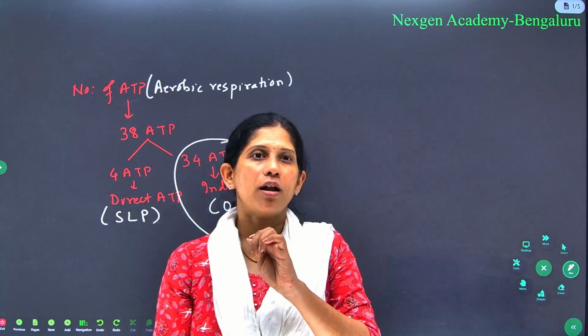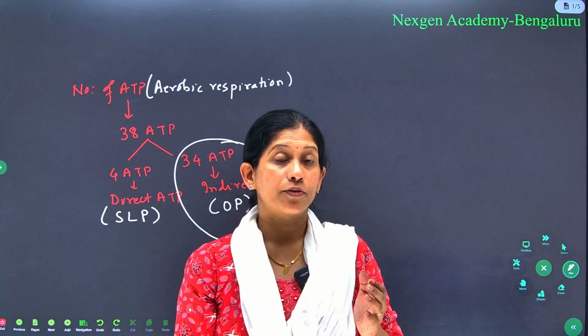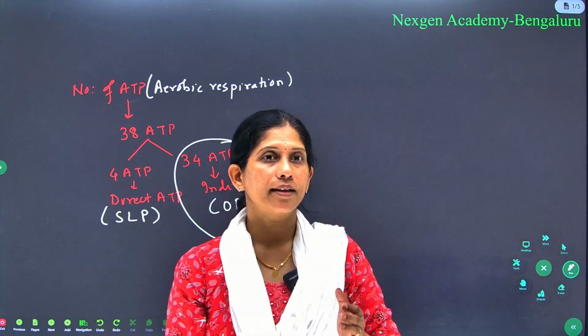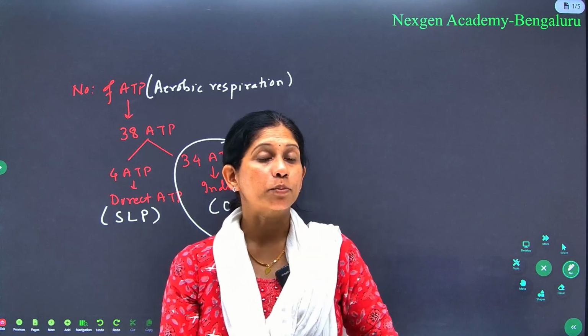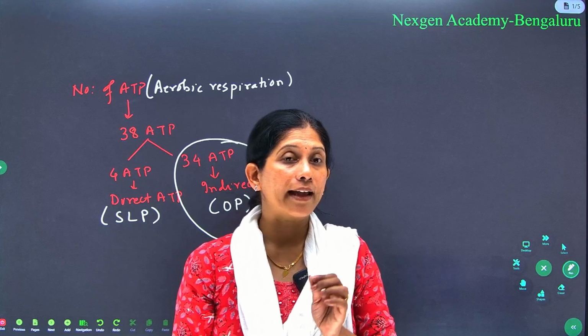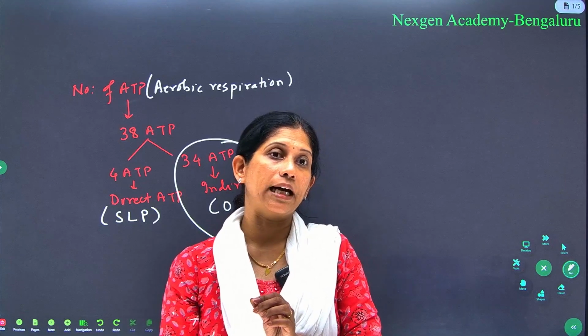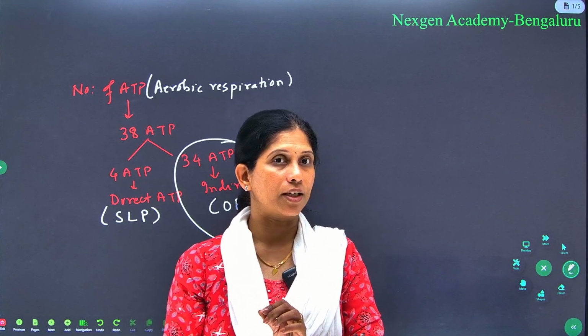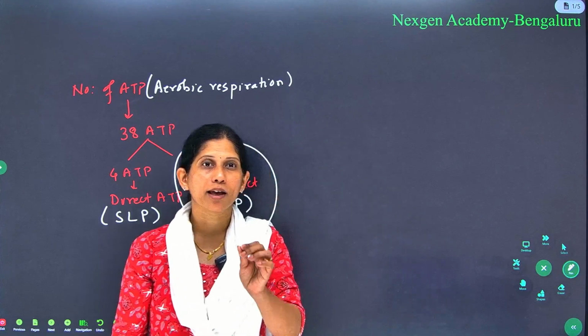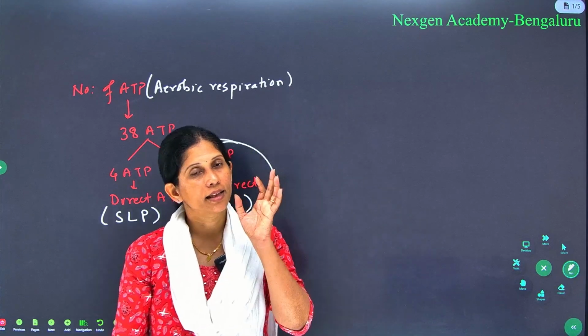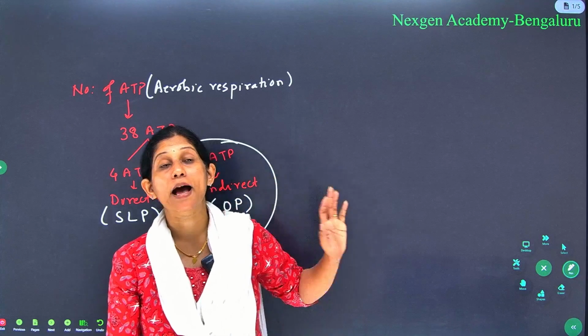If you recall the previous chapter, photosynthesis in plants, there we had a concept wherein it is explained that proton energy can be utilized for ATP generation. There they have given a term called chemiosmosis. The same chemiosmosis is happening here also.